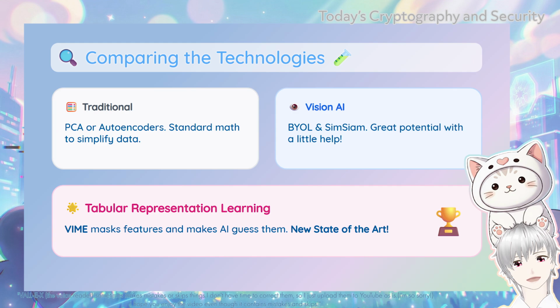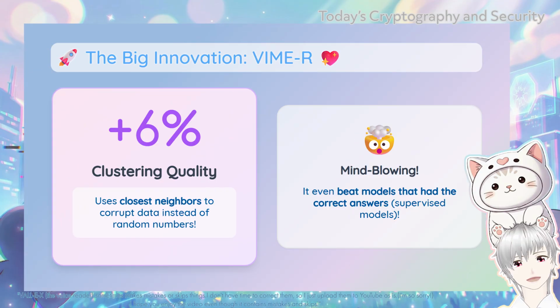VIME works by corrupting the data, like randomly masking some features and making the AI guess what they were. The researchers found that VIME performed incredibly well, setting a new state-of-the-art for this task. But they did not stop there, which is the most exciting part. They invented a new version of VIME called VIMer. Instead of corrupting the data with random numbers from the whole dataset, VIMer uses a retrieval augmented approach.